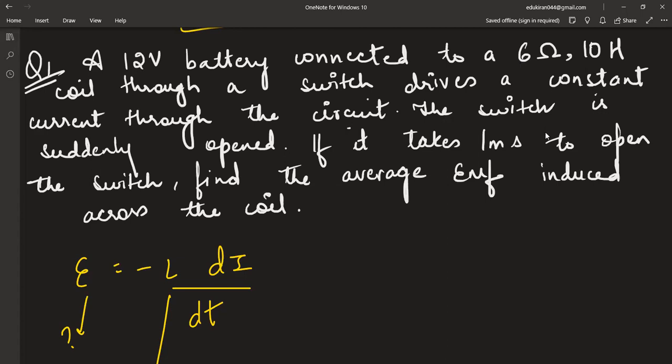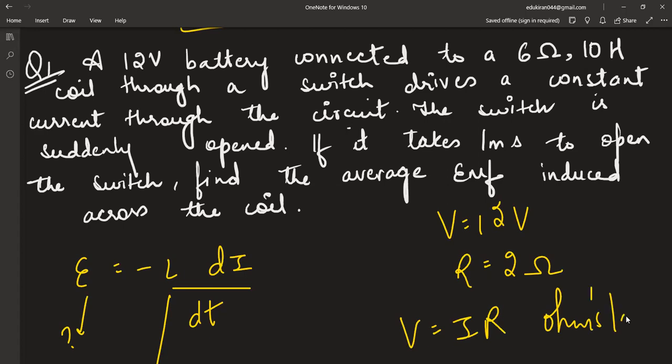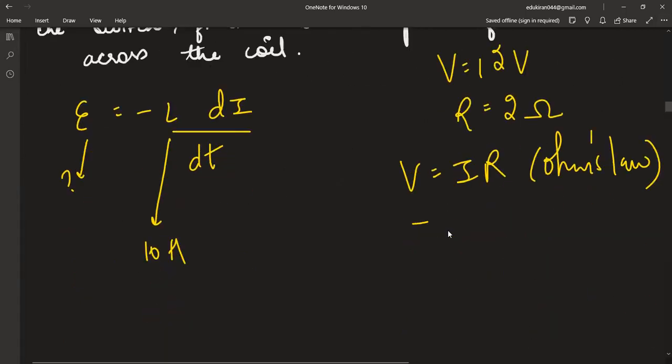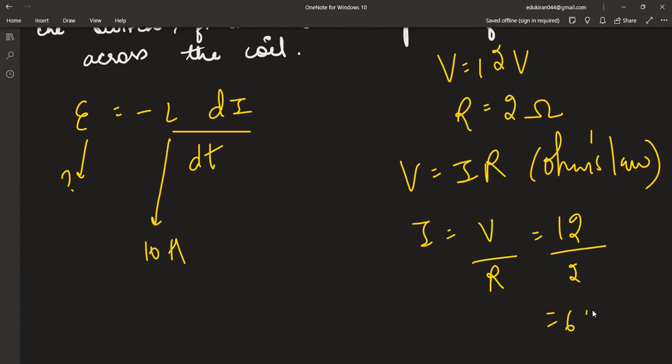There is a 12-volt battery. So we know the voltage is 12 volt. Resistance is 2 ohms, so we can apply V is equal to IR. Which law is this? Ohm's law. If you apply Ohm's law, at least you can find the value of current. Current will be V divided by R. V is 12, resistance is 2, current is 6 amperes. Correct?